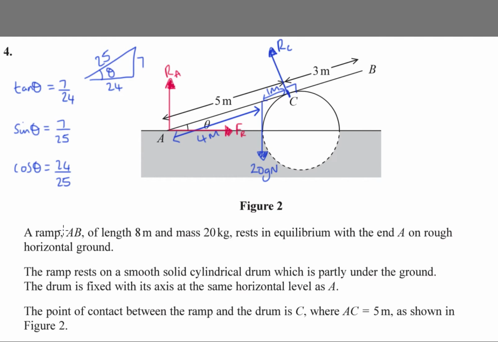Do we want to resolve parallel and perpendicular, or do we want to resolve vertically and horizontally? I'm going to resolve vertically and horizontally, and the reason is that there are more vertical and horizontal forces than parallel and perpendicular. We've only got this force here, which is not vertical or horizontal. The other three are. So I'm going to resolve this RC force.